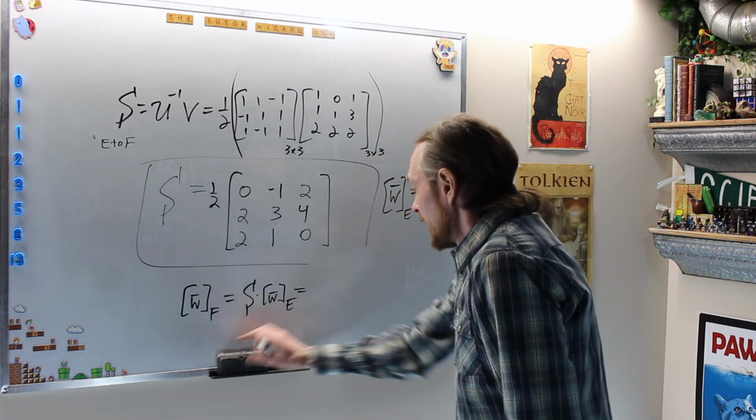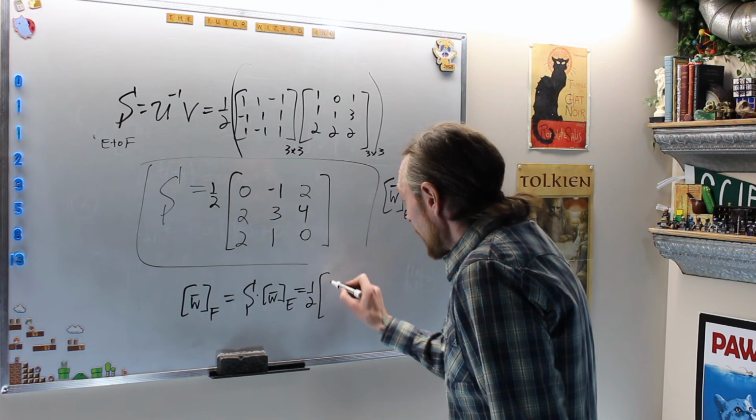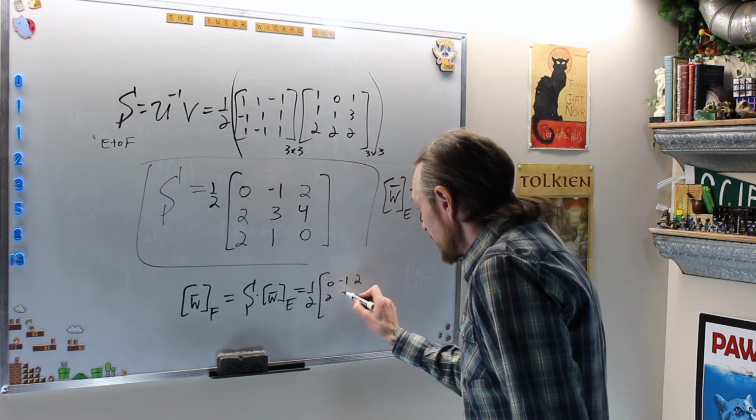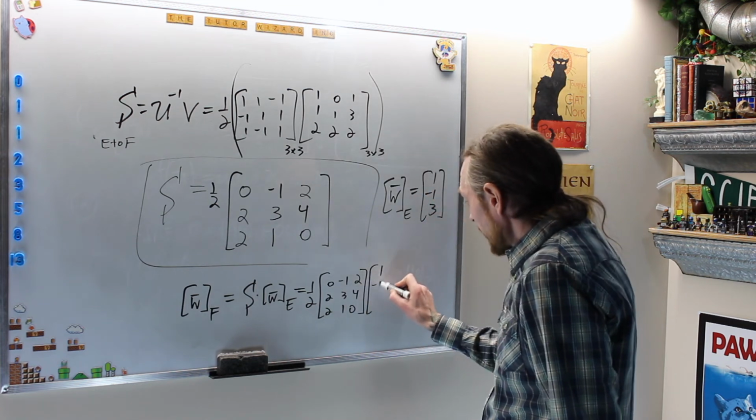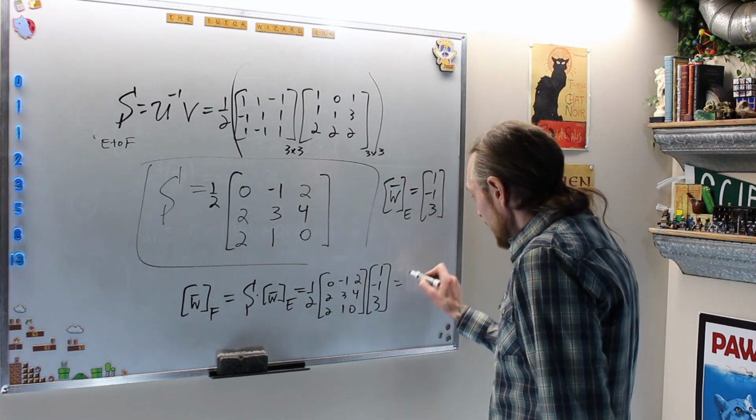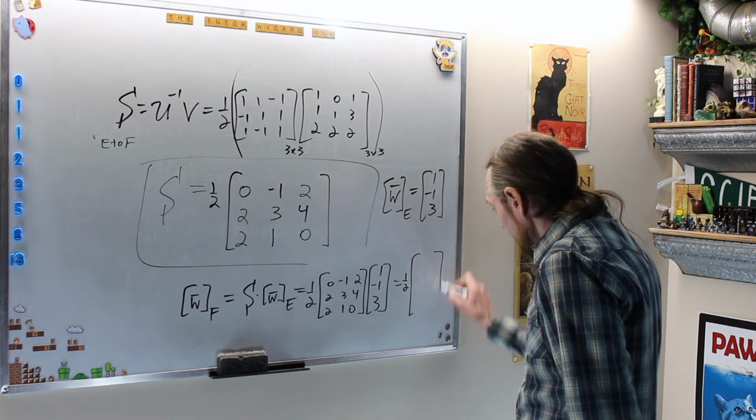This will be 1/2, 0, negative 1, 2, 2, 3, 4, 2, 1, 0, multiplied by 1, minus 1, 3.